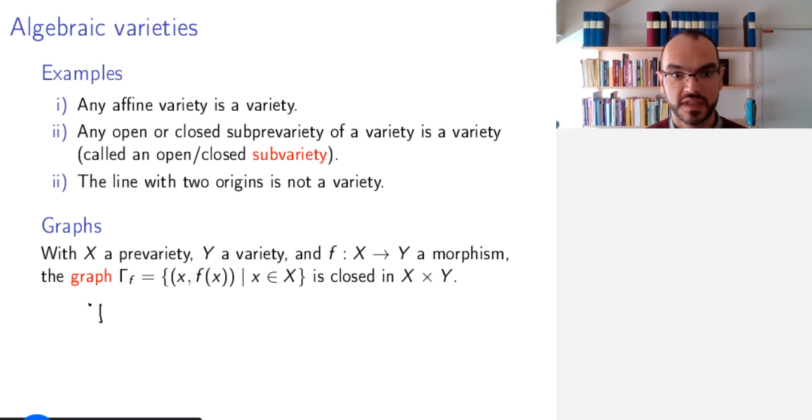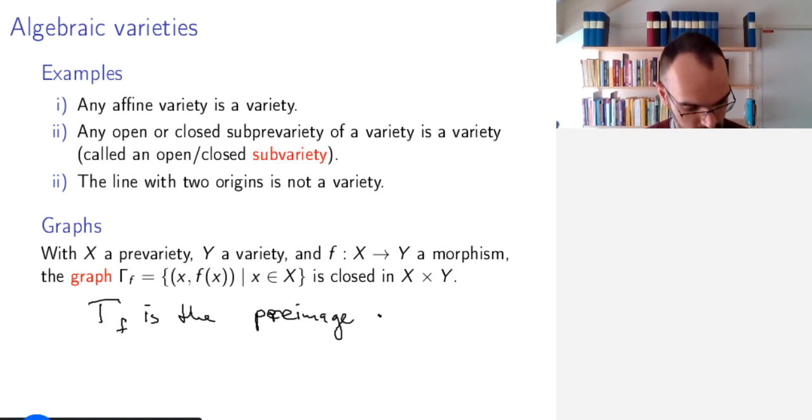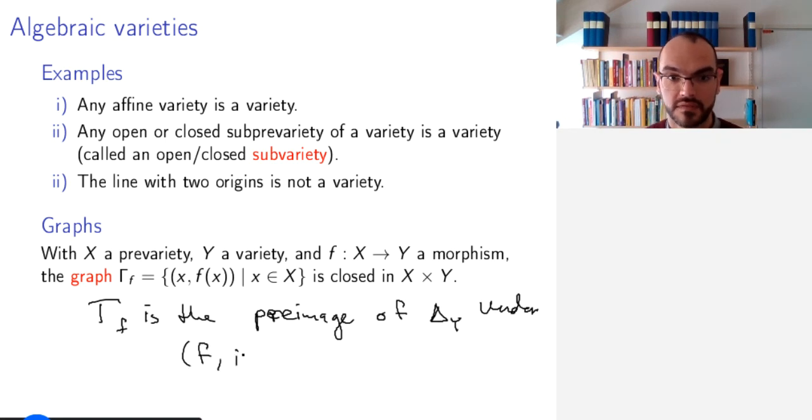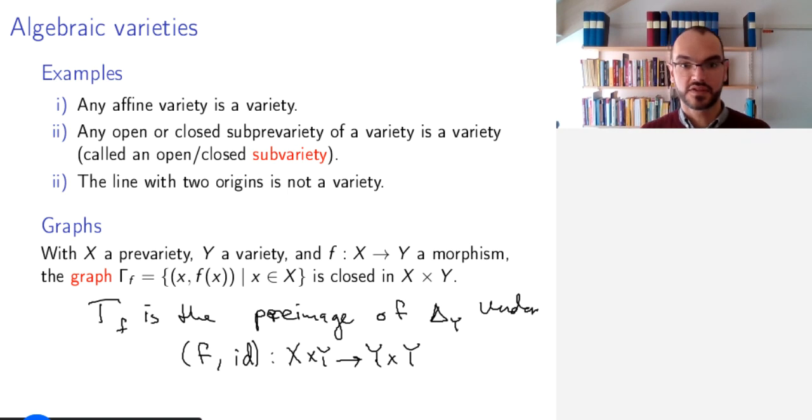This is because gamma f is the pre-image of delta y under the map f times identity from x times y to y times y. And so therefore, since y is a variety and delta y is closed and f is continuous, this will be closed.